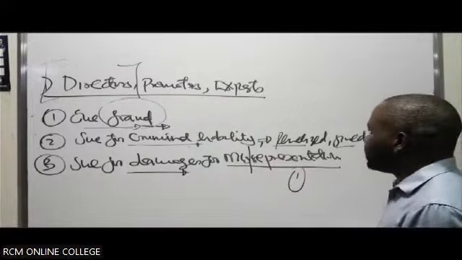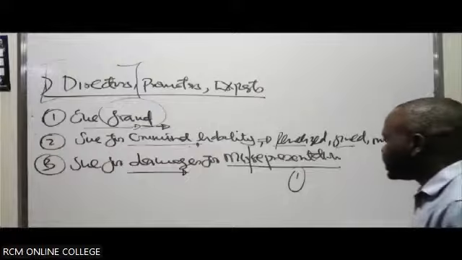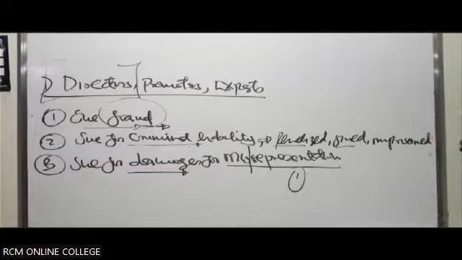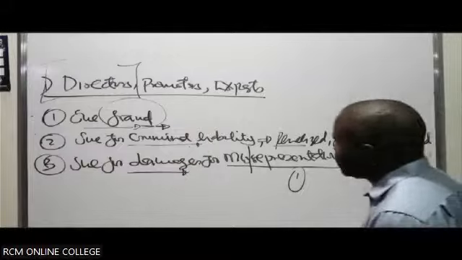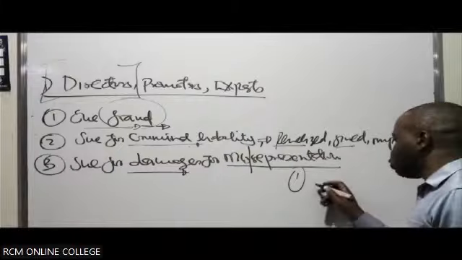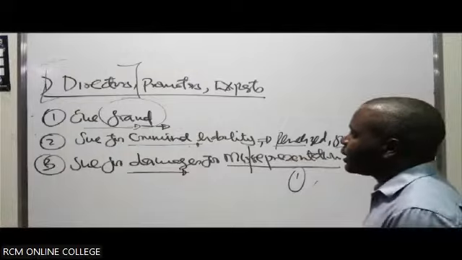Number one, part of the defense you can use before the court is to indicate that you were not aware of this misleading statement or misrepresentation, and once you became aware of it, you withdrew from being the director of the company.